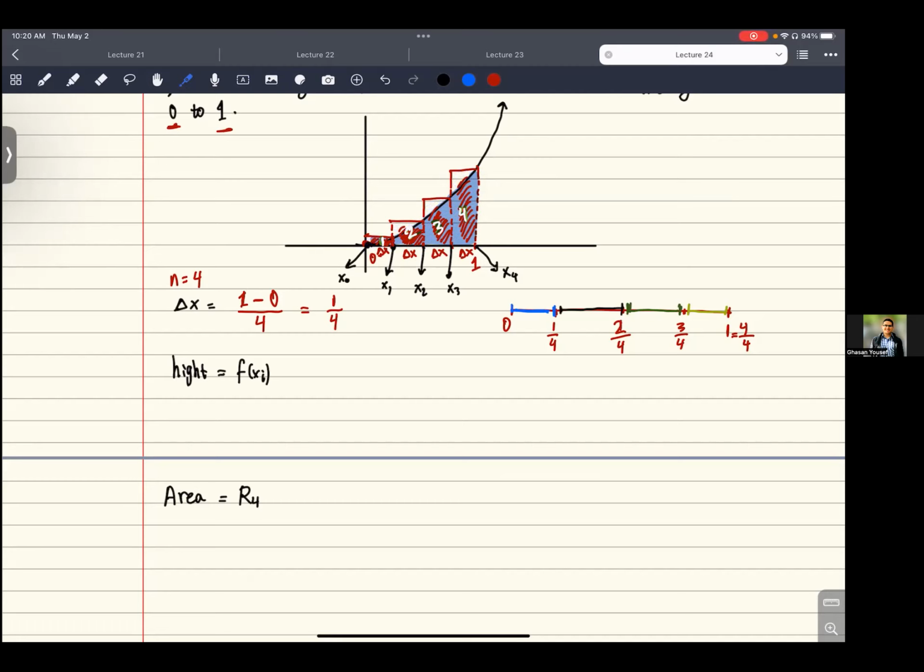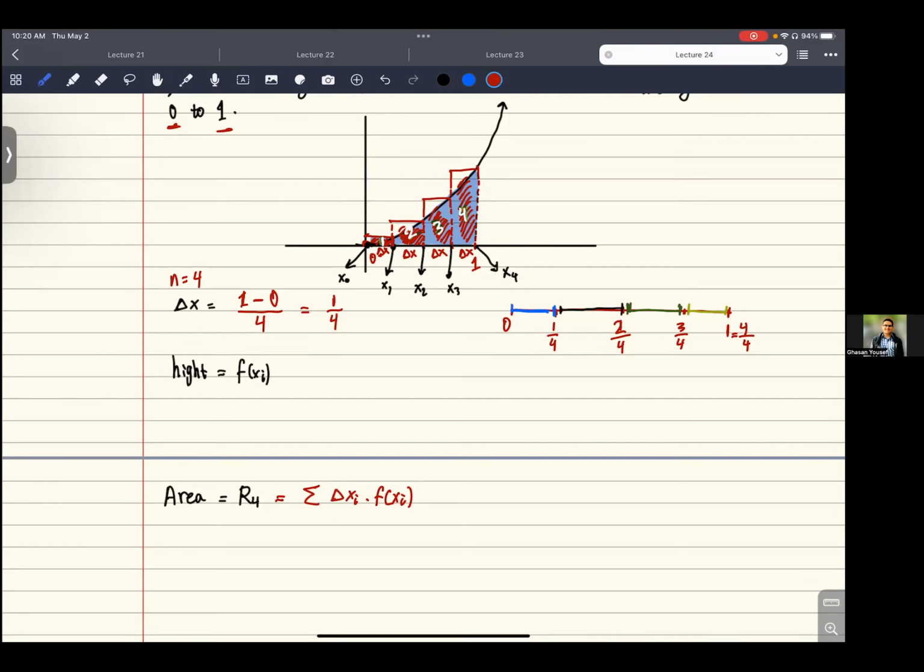So R4, the upper area, is the sum of delta xi times f of xi. By the way, delta xi is the same for all of them, correct?